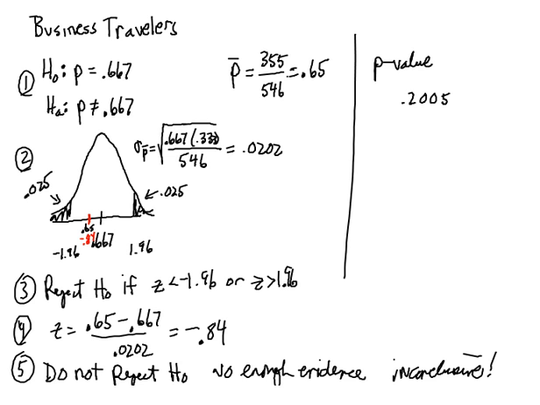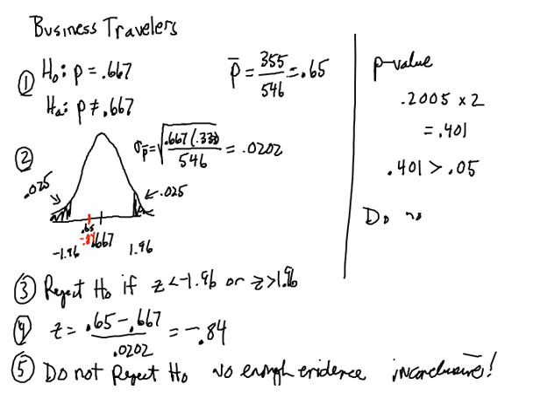But remember, this is a two-tailed test, so I'm going to multiply that by 2. And get 0.401. And 0.401 is greater than 0.05.